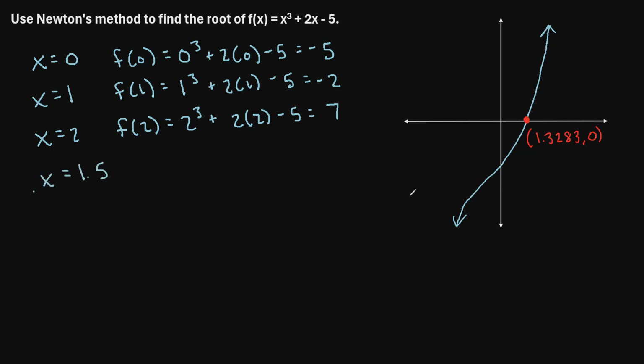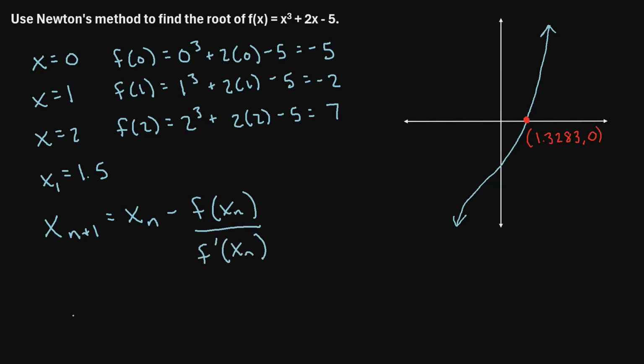Since this is our very first guess at what the root might be, we're going to call this x sub 1. Now, Newton's method uses the following formula to find the next x value. To find x sub 2, here's what we do. Newton's formula says x sub n plus 1 is equal to x sub n minus f of x sub n divided by f prime of x sub n.